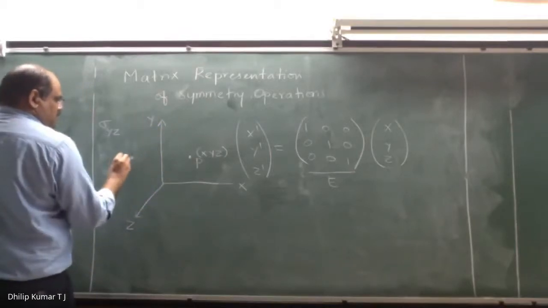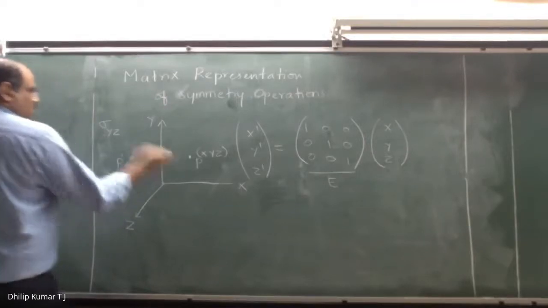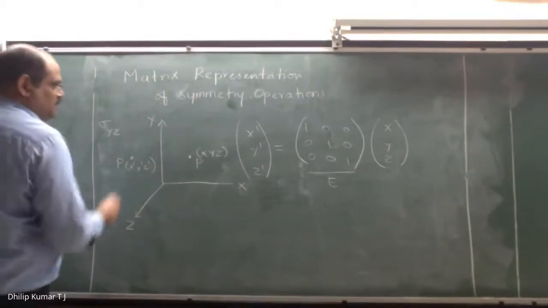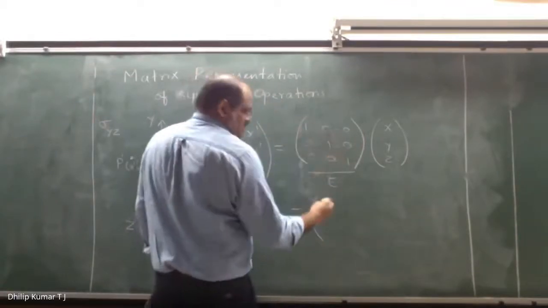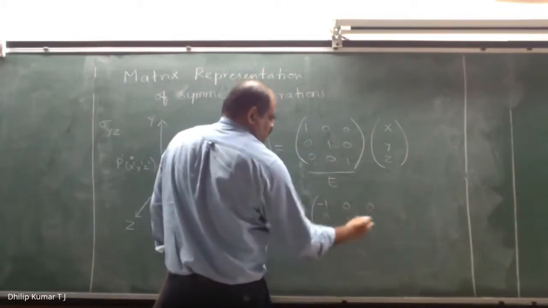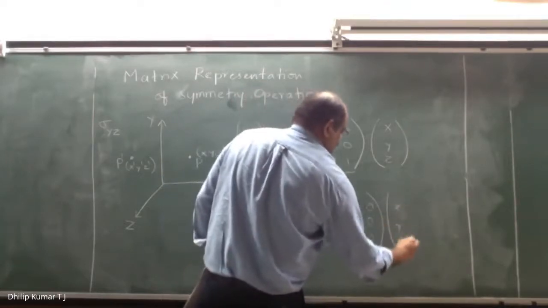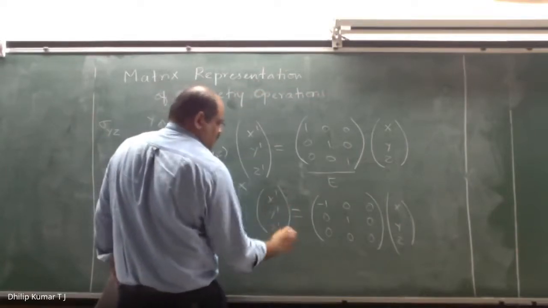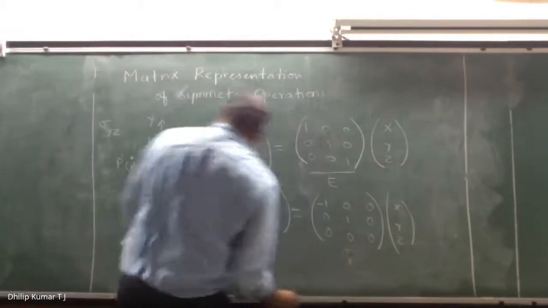So the new point P prime, x prime, y prime, z prime, comes here. What happens is x is going to come to this side, whereas y and z remain as such. So if you consider x, y, z, x is going to become -1, 0, 0, 0, 1, 0, 0, 0, 0. And this is the new point, x prime. So this is for sigma yz.